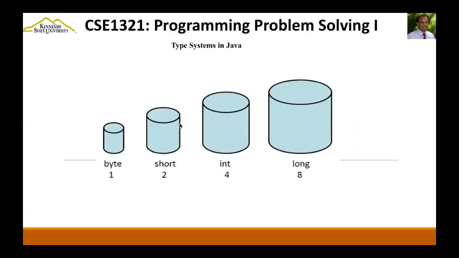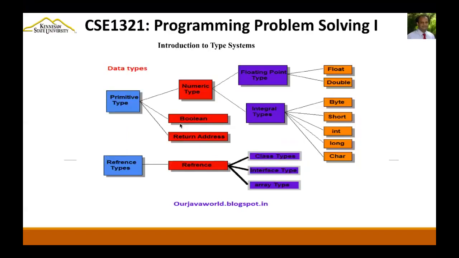For instance, float, double, byte, short, integer, long, and character are all primitive data types, the built-in data types. These data types have a specific length, meaning how many bytes of memory space they occupy when storing the value of the variable.